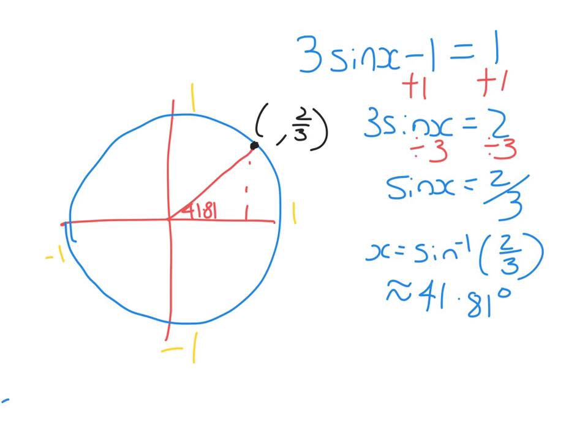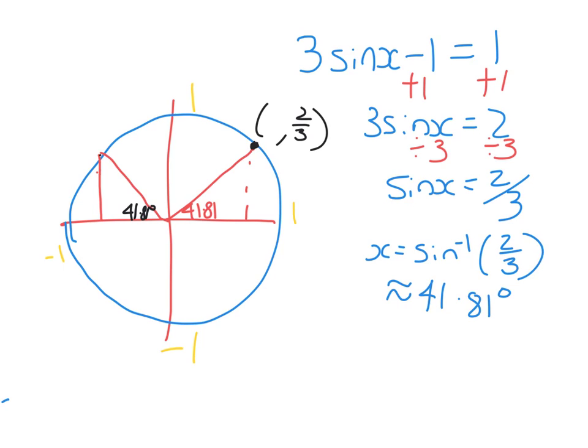So I want to find another value that makes this true. I want to find another value for x where sine x equals 2/3. And remember, to do that, I'm going to draw a congruent triangle. Sorry about my drawings. They're not great, but these two triangles are supposed to be congruent. So if they're congruent, then this angle in here is also 41.81 degrees.